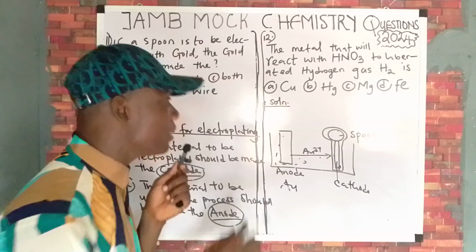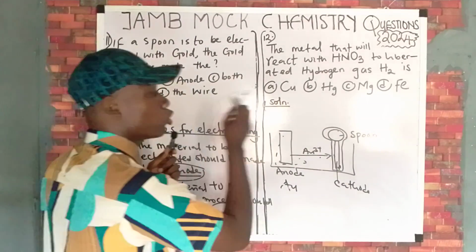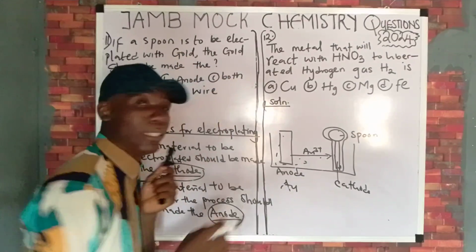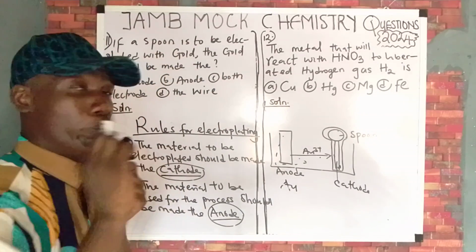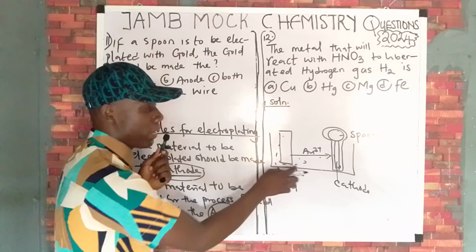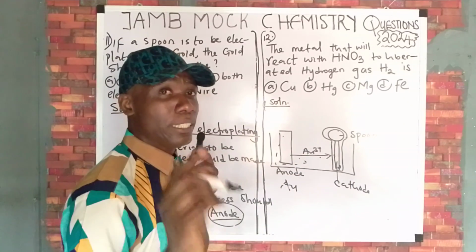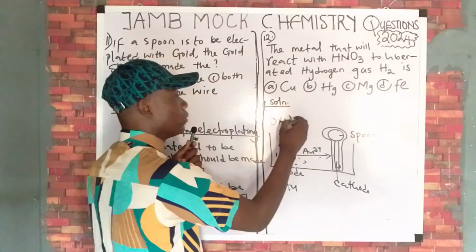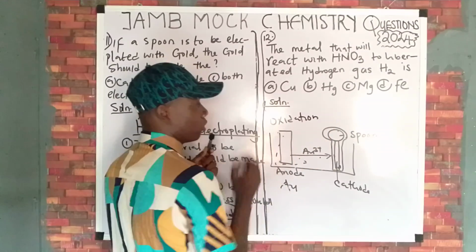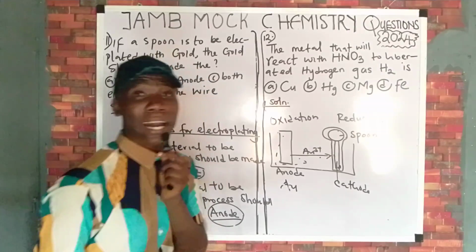So this is the basic law for electroplating: the material you want to electroplate should be made the cathode. Then the material to be used for the process should be made the anode, because it is the anode that migrates to the cathode. Okay, you can get this down. Don't forget, in electrolysis, oxidation takes place at the anode, while reduction takes place at the cathode.